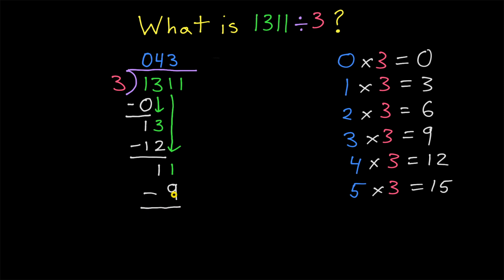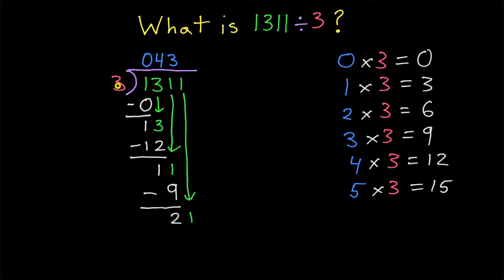Write a line underneath and ask yourself, what is 11 minus 9? 11 minus 9 is simply equal to 2. And now drop down the next digit from the dividend. So drop down this final digit, this 1 from the dividend.